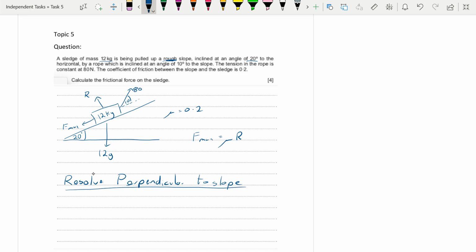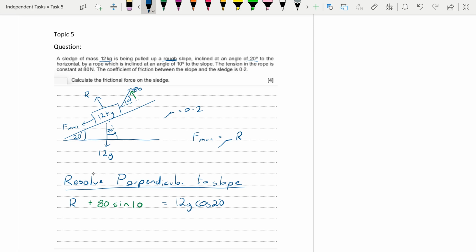Going down, I've got my 12g and then cos of 20, because remember, if that's 20, this angle here must be 20. Going up, I've got my R, but I've also got the component of this 80 going up. So we've got to be careful about this. It's not just working parallel, it's also got that working perpendicular. So I'm going to add to this side 80, and that would be sine of 10.